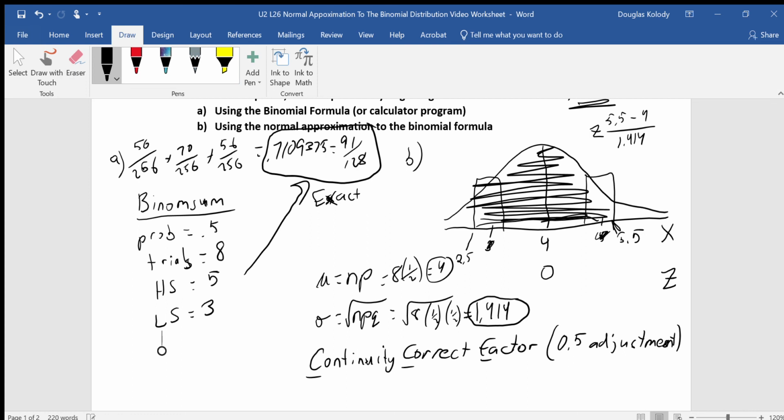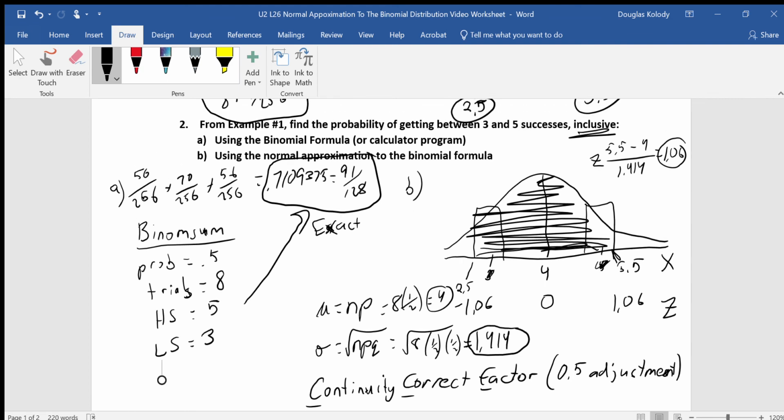And once I do that, I get a z-score of 1.06. That z-score goes right here. If you take a look, 2.5 is the same distance from 4 as 5.5. I could do the z-score for 2.5, but if you follow me, this z-score is just going to be negative 1.06. Capiche? Because if I put a 2.5 here, I'm going to get negative 1.06.